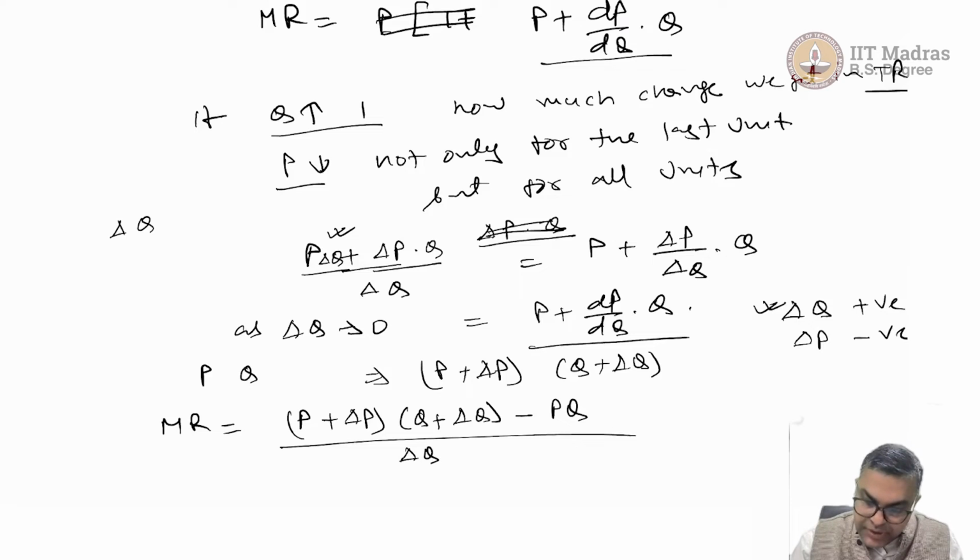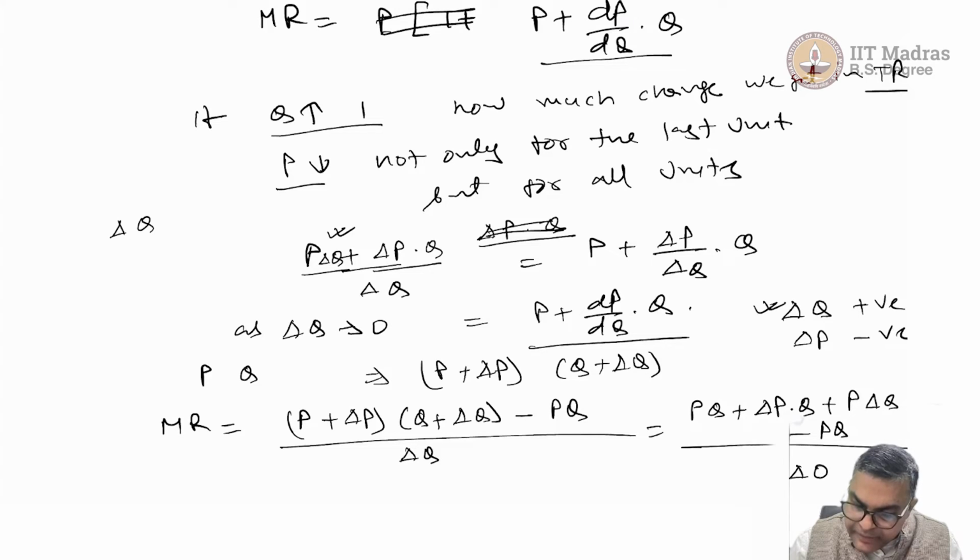We will get four terms here: PQ plus ΔP multiplied by Q plus P multiplied by ΔQ plus ΔP ΔQ minus PQ, divided by ΔQ, and the PQ will get cancelled.